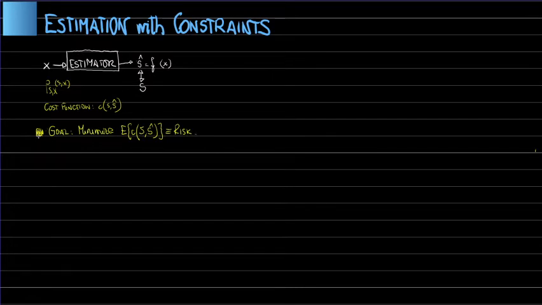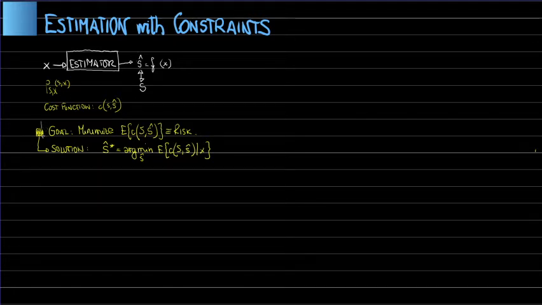The general solution to this problem is the minimum risk estimator, given by S hat equal to the value of S hat minimizing the expected value of C given the observation.